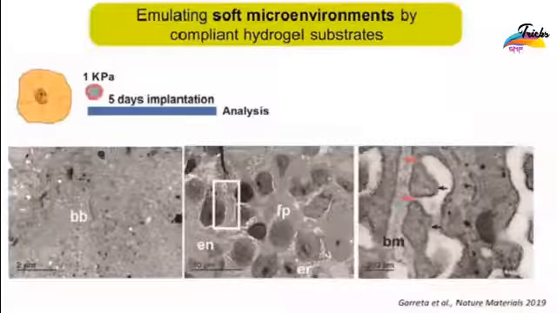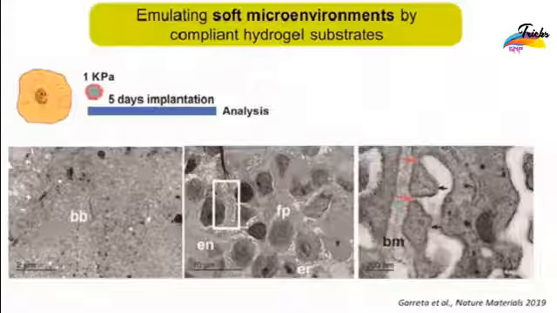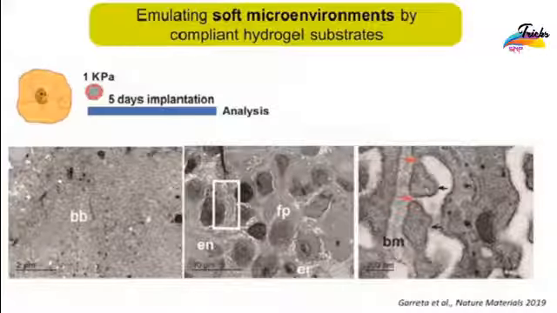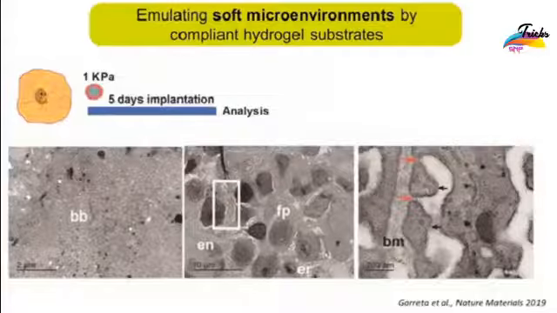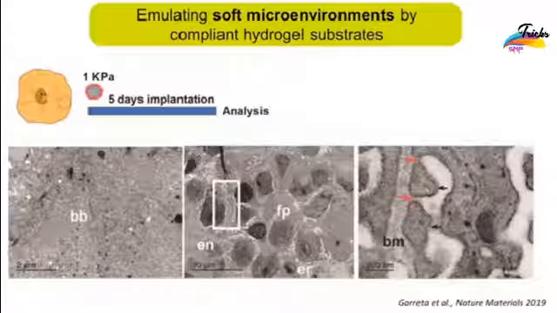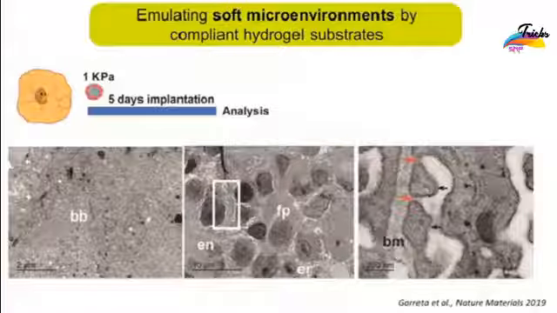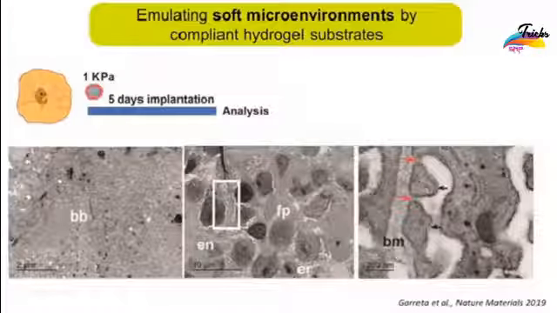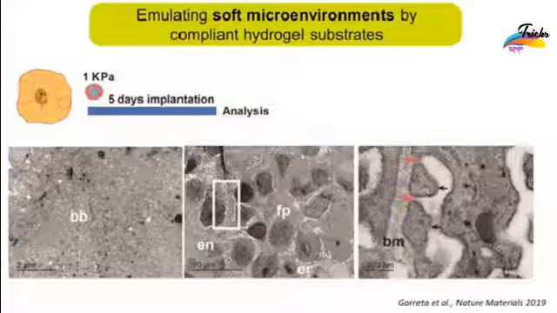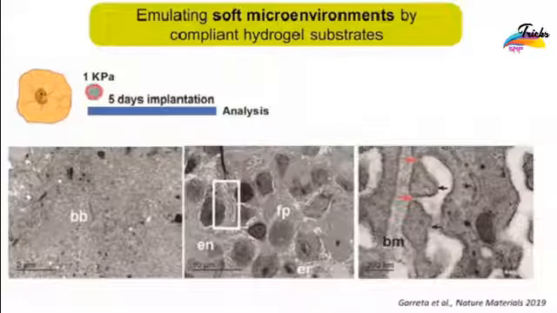Just for finishing this first part of the presentation, we took advantage of hydrogels mirroring the same stiffness as the chick CAM, and by developing cells derived in a soft microenvironment, we were able to further engraft these kidney organoids.